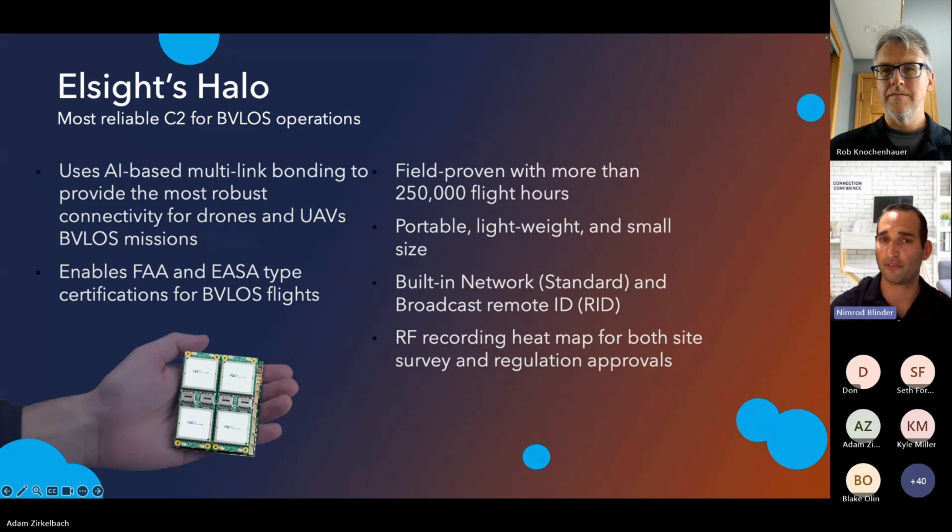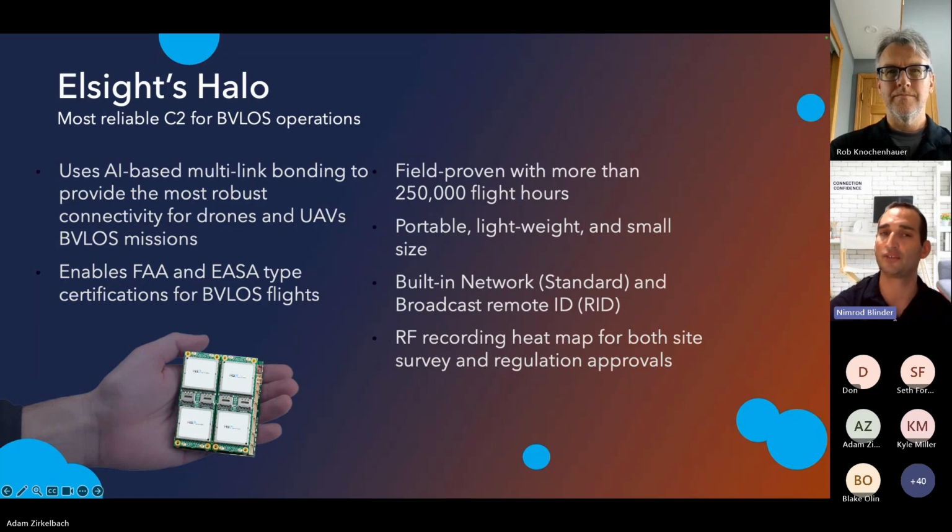Another key feature that the FAA in specific requested and showed a lot of enthusiasm around is our ability to do RF recording, meaning throughout the flight operation, we are able to detect the signal level of the different telco carriers, and not only upload it live to the cloud and show it on your dashboard, but also give you the ability to create a site survey for planning your routes and your operation zones where you have maximum connectivity signal.